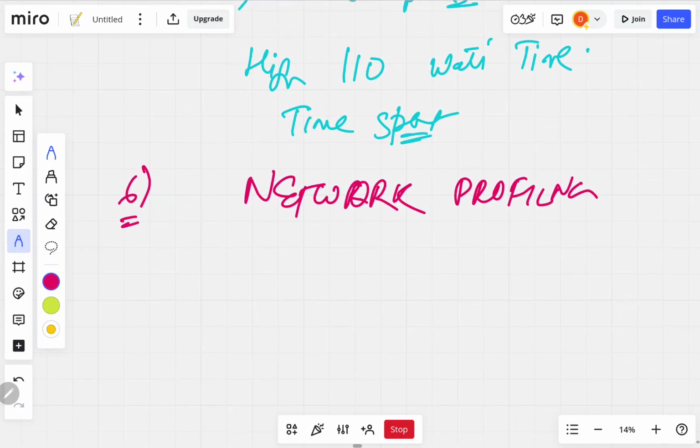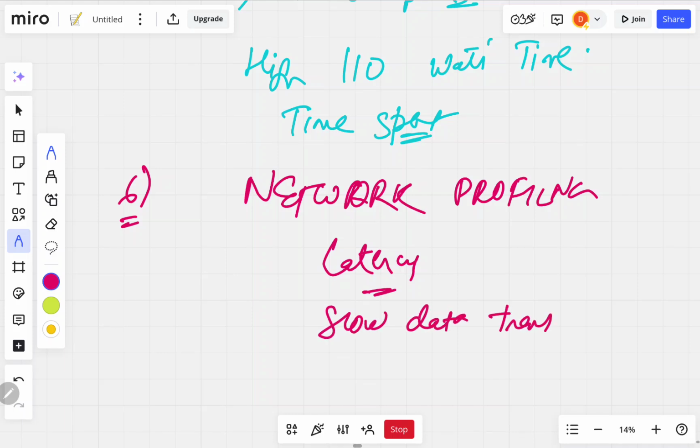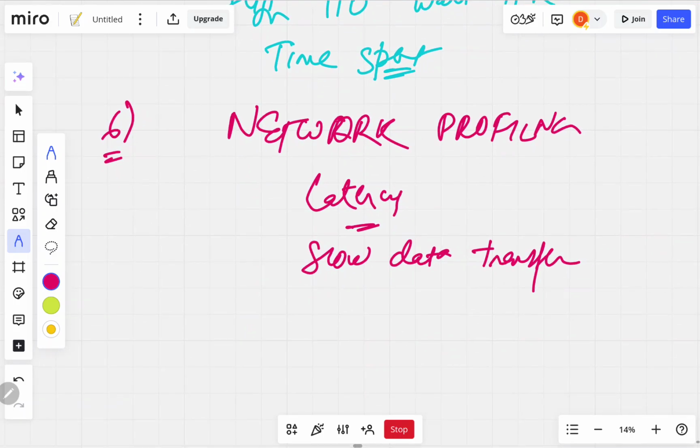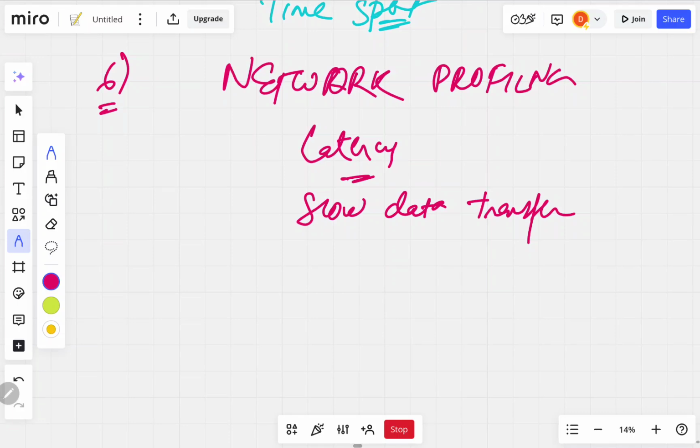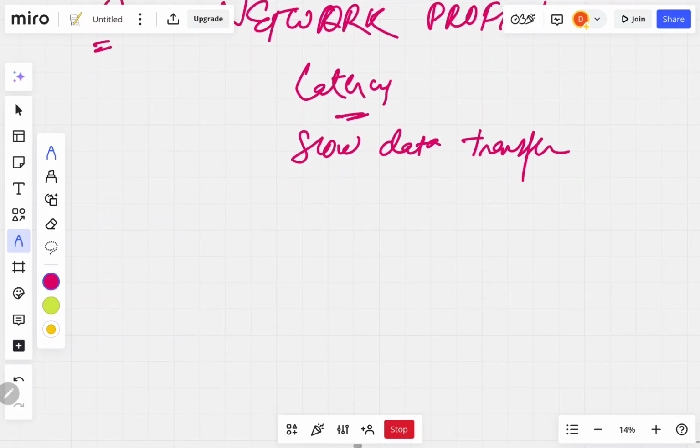So whenever we are sending data, receiving data, if we have latency at the network level, slow data transfer is happening, then we can utilize some tools, and they will give you very low-level details.